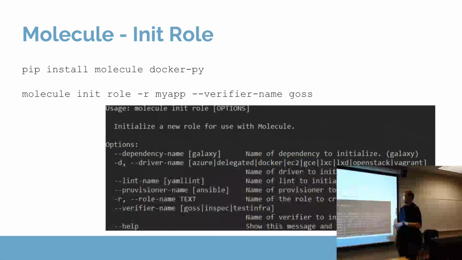So Molecule tests roles. So you can create a role using this command. It'll first install it with pip, and then use this command, and the -r is the role name, and I just use Goss as my verifier. We'll talk about that later. But this is going to start from scratch. So when you have a new project and you want to use Ansible, you'll want to make a new role with this.